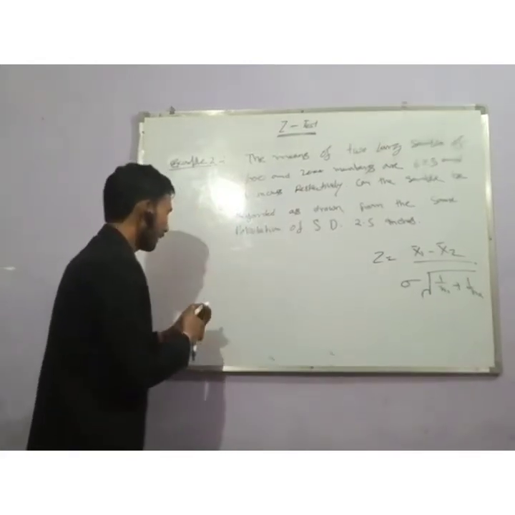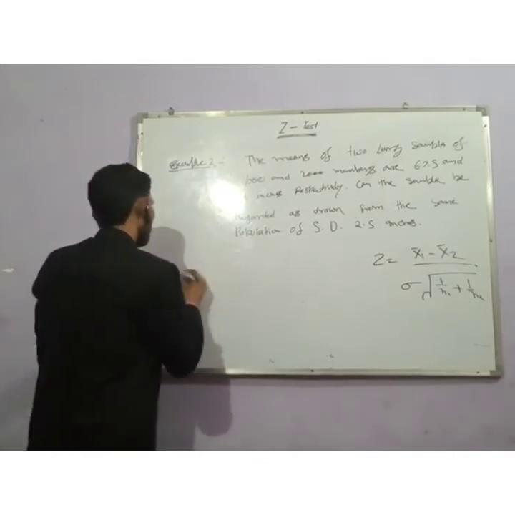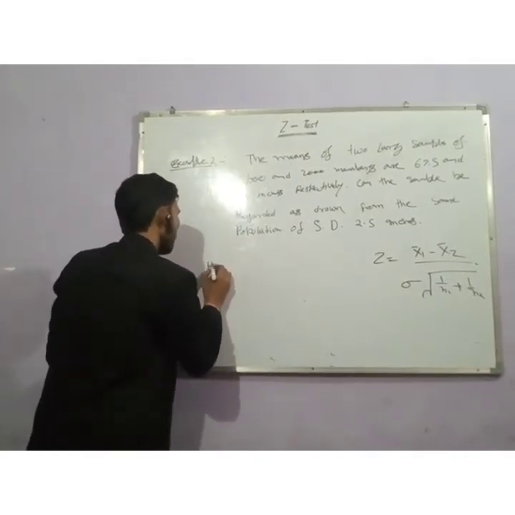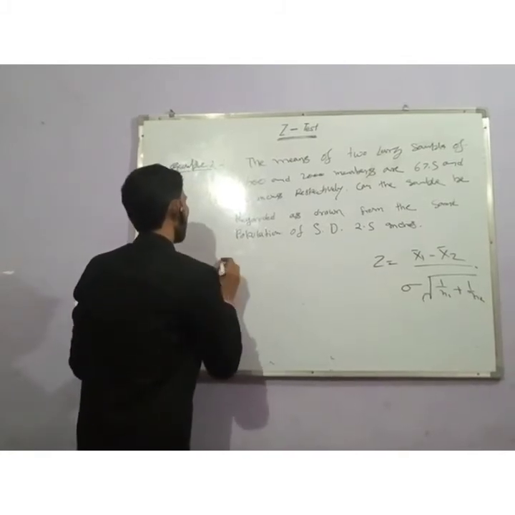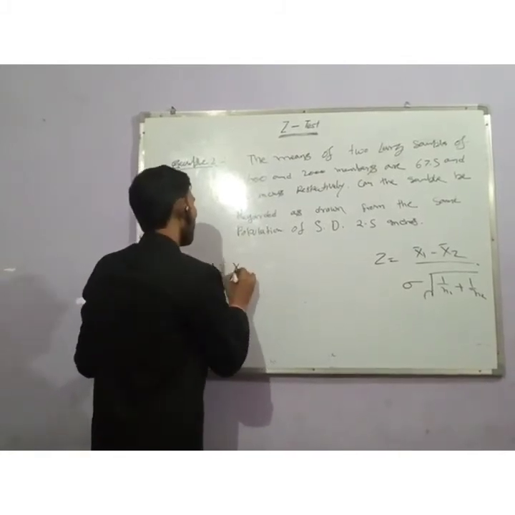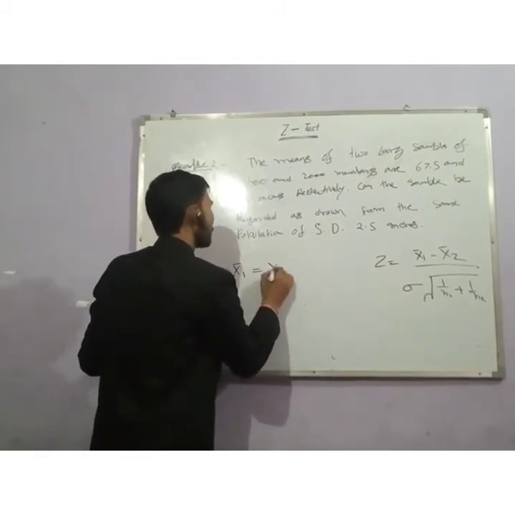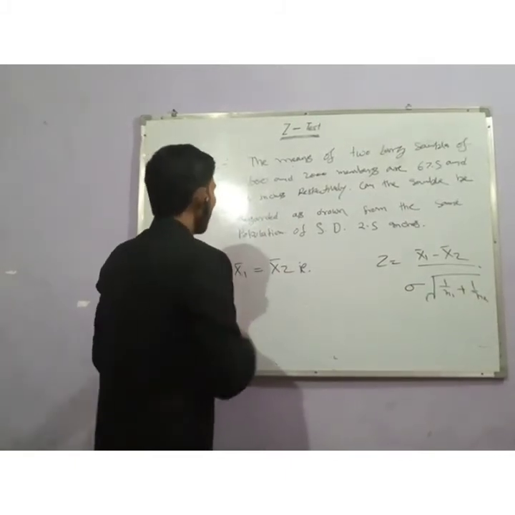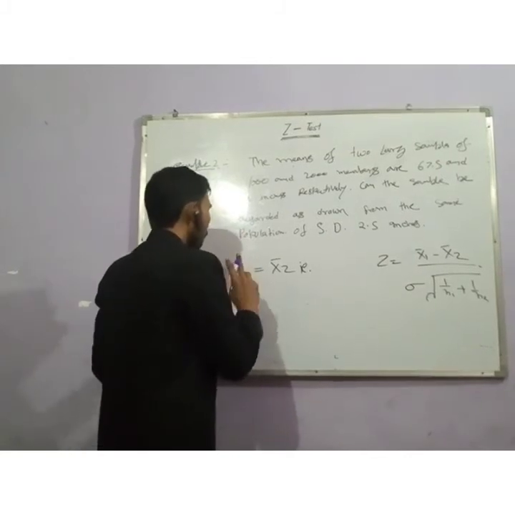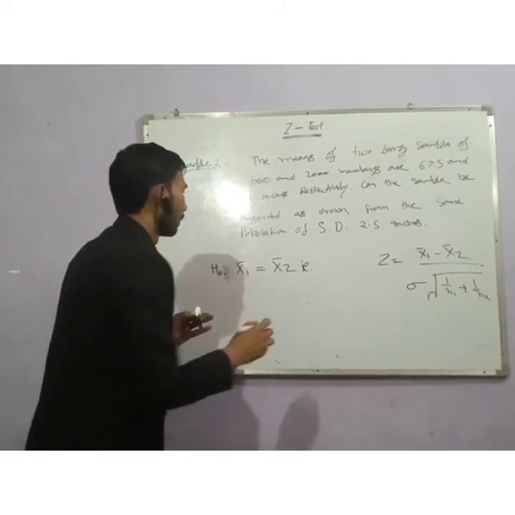Now first we set up the null hypothesis. Here the null hypothesis H naught is x bar 1 equal to x bar 2. It means that both samples are equal.